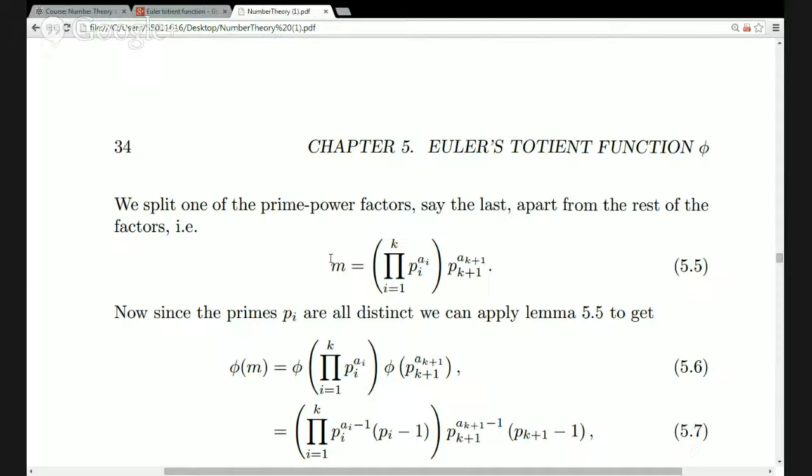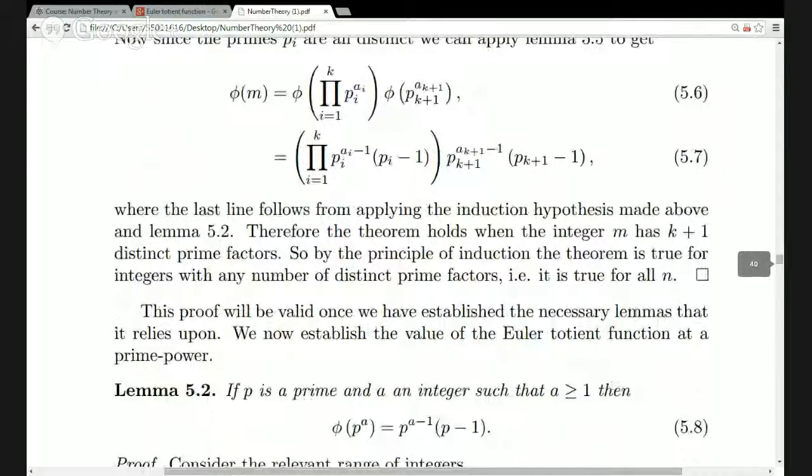But then we can apply the multiplicative property to say that phi of m is simply phi of this bracket times phi of this. Because we'll have proved the base case result, we'll be able to say that phi of this is this product. And because we'll have made the induction assumption, we'll be able to say that phi of this large product is the correct thing from the formula. Okay, so that will be the way we'll put it all together.